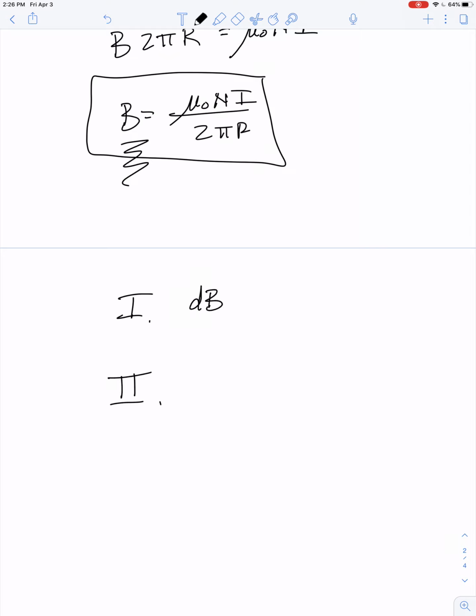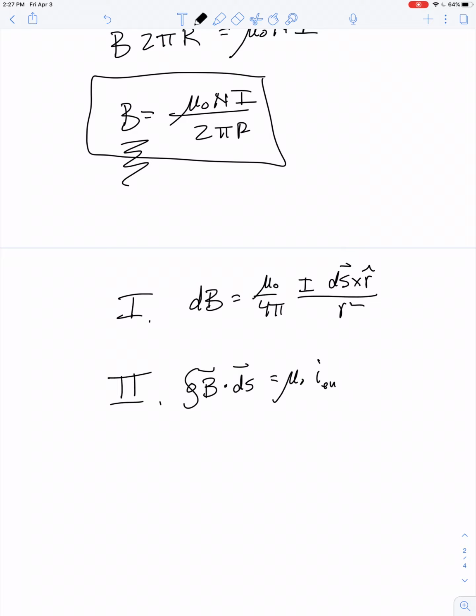When do we have to lean on the idea that dB is equal to mu naught over 4 pi I ds cross r hat divided by r squared? And when can we use the simpler approach that the integral of B dot ds is equal to mu naught times I enclosed?